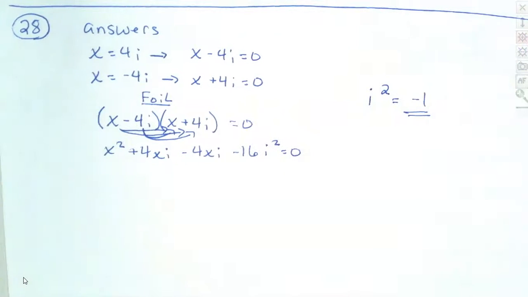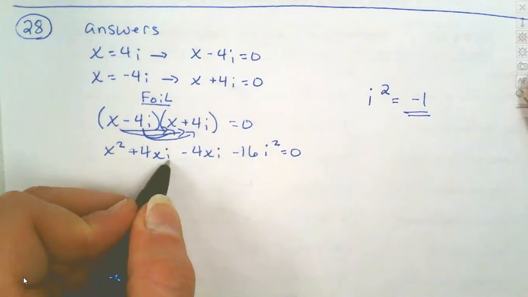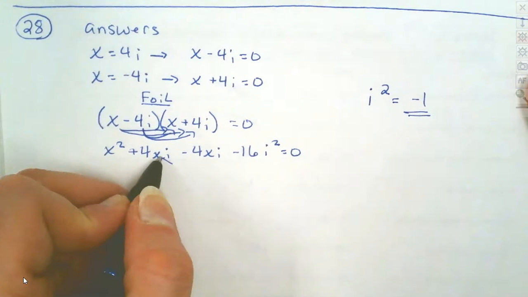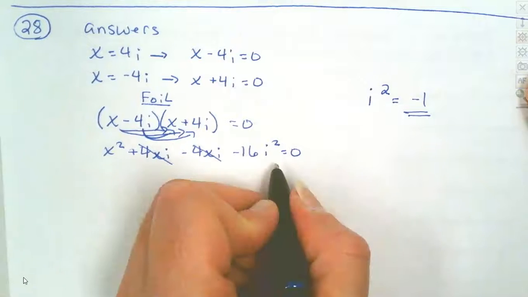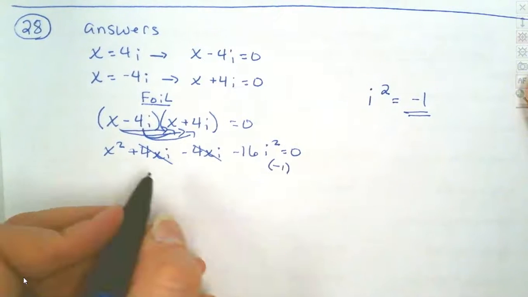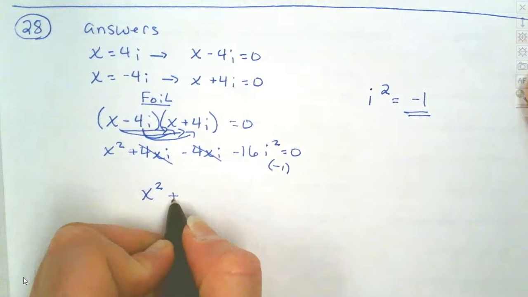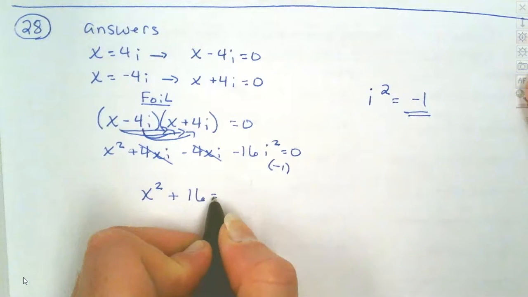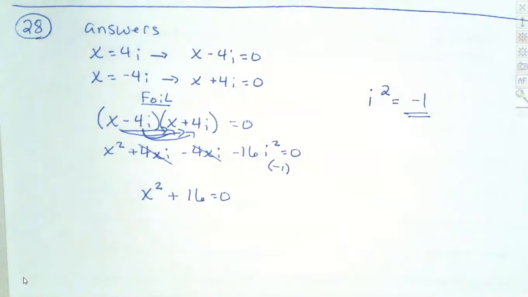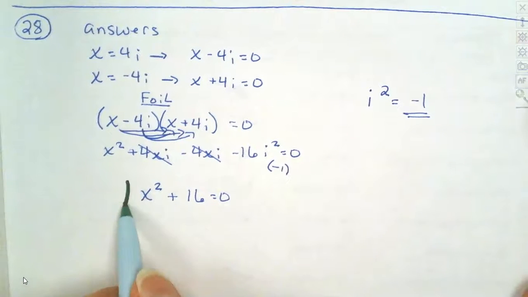Okay, so we're going to replace that i squared with our negative 1. Now, what's going to happen to the middle pieces here? They're opposites, so they're going to cancel out. And we know this is a negative 1, so that leaves you then with x squared plus 16 equals 0. And that is the original polynomial that gave us those solutions.